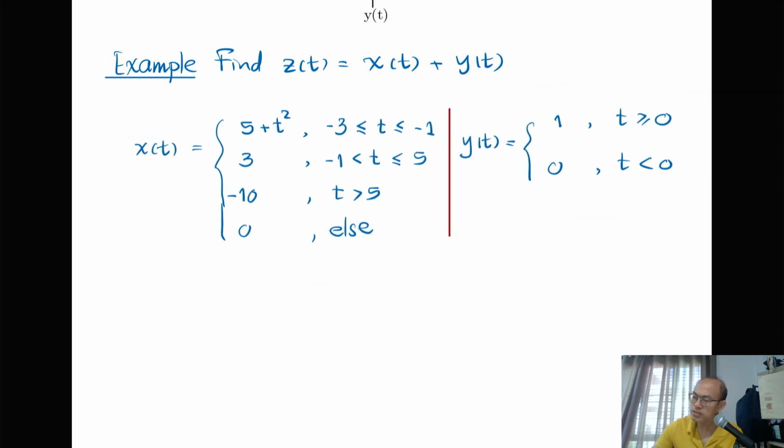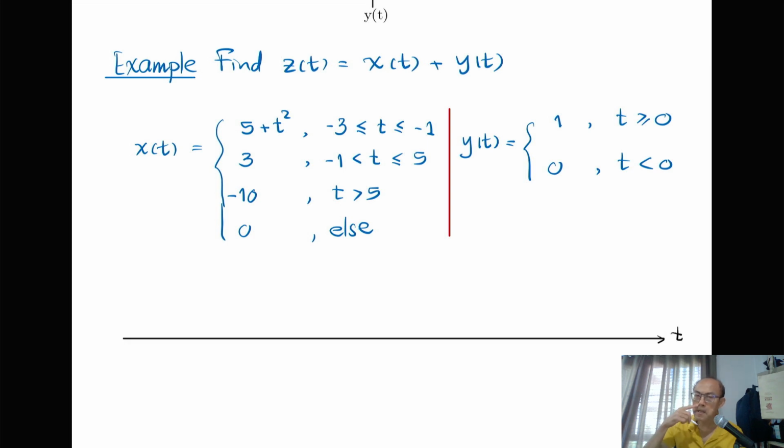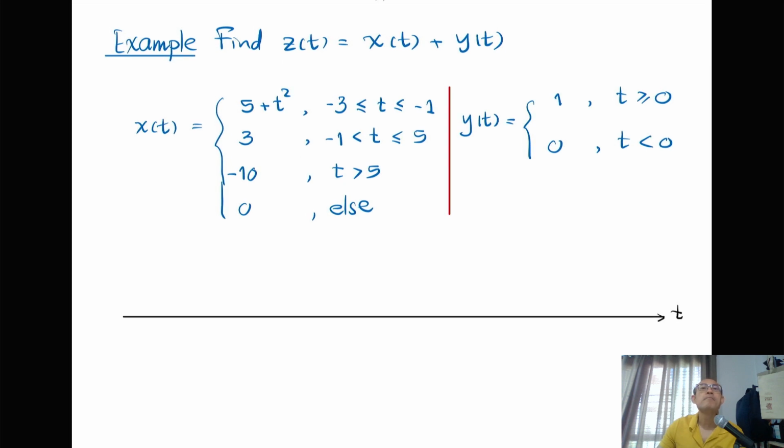The trick is to draw the time axis t, and locate these points here. So for x we have 3 points: -3, -1, and 5.